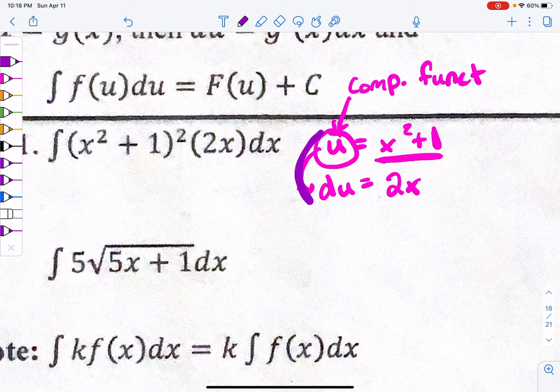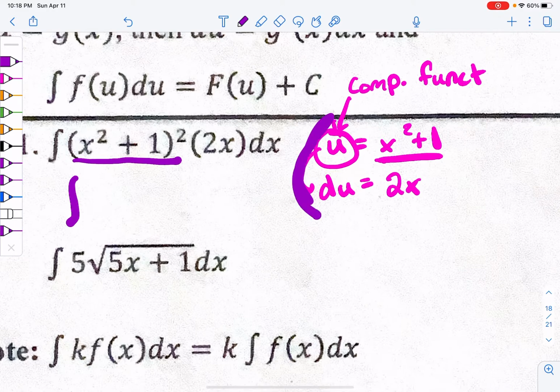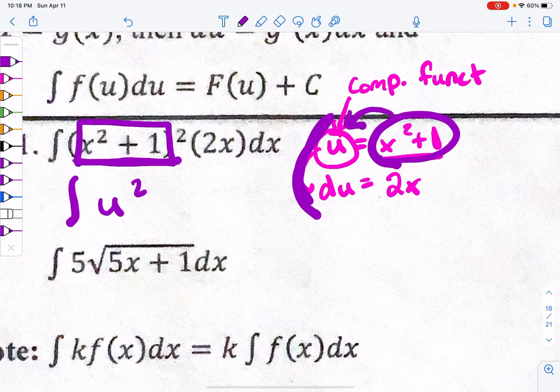I start with my integral, and then I say x squared plus 1 squared. Now we have named x squared plus 1 u, so this will actually be switched to u squared. The x squared plus 1, we're crossing out and replacing with u, and then the square just comes down to be u squared.